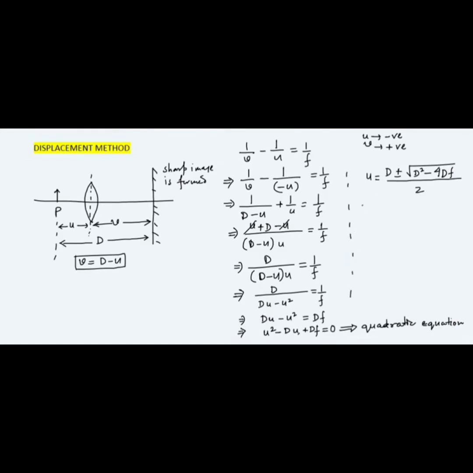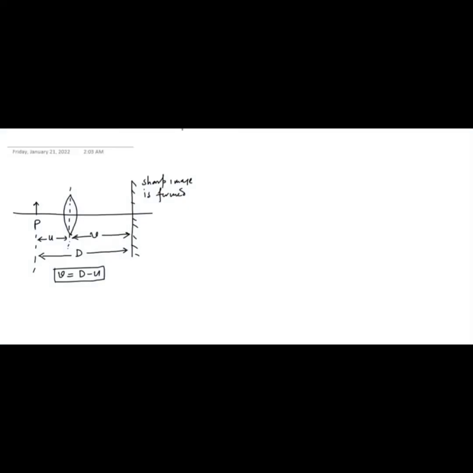Let us say one value is u1, that is (D plus root of D square minus 4Df) upon 2, and the other value is u2, equal to (D minus root of D square minus 4Df) upon 2. So u has two values, u1 and u2.